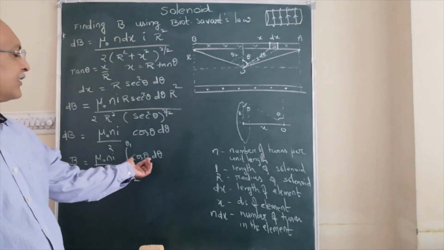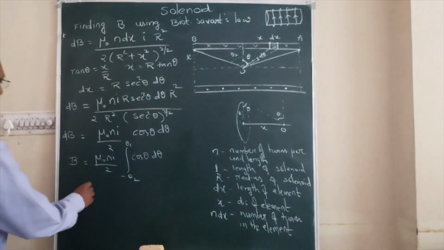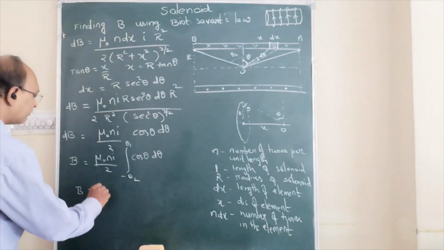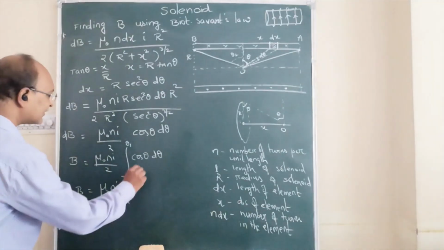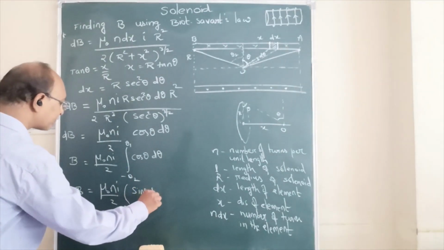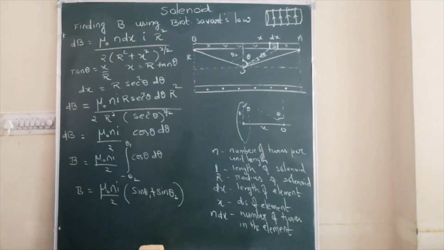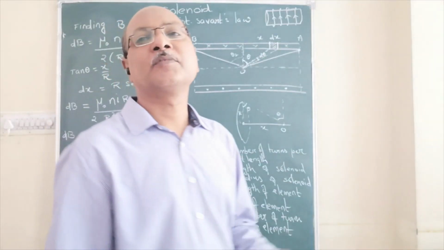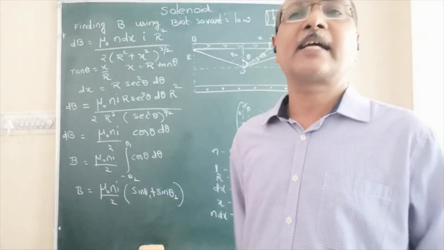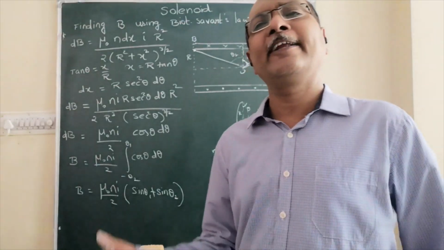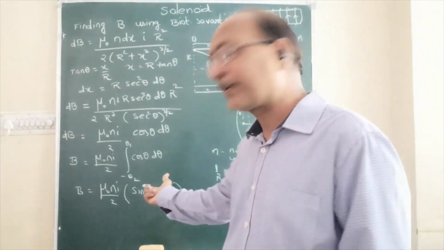So simplifying, the integration of cos theta will be sin theta. So B is equal to mu naught n I by 2 into sin theta 1 plus sin theta 2. So that is the general expression we are getting. Depending upon the size of the solenoid, we can apply it for different cases.